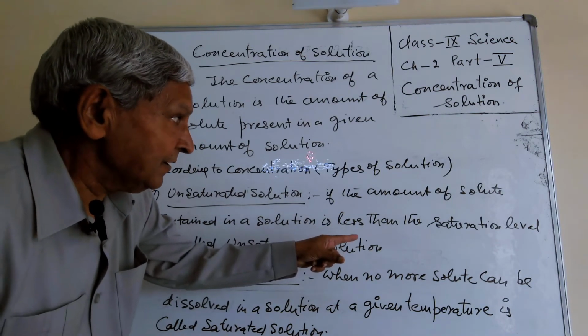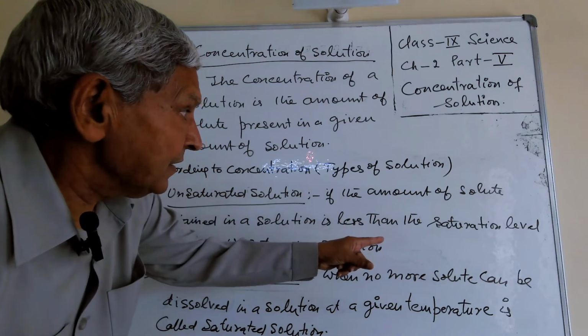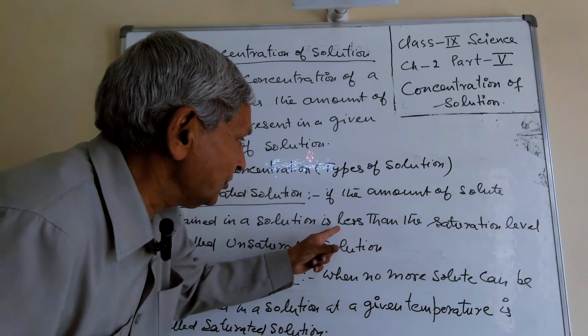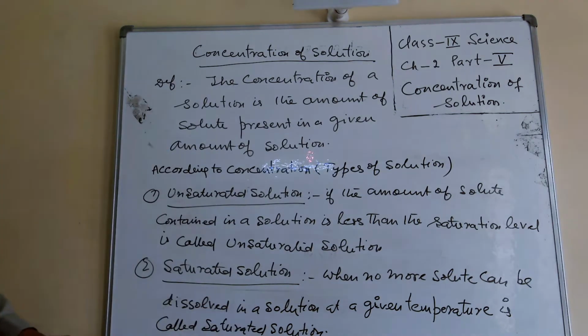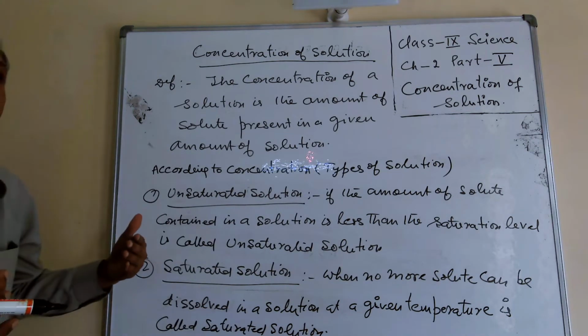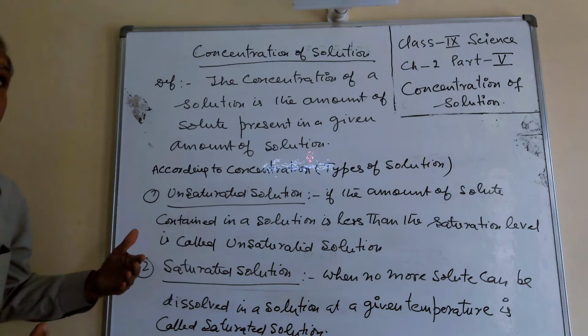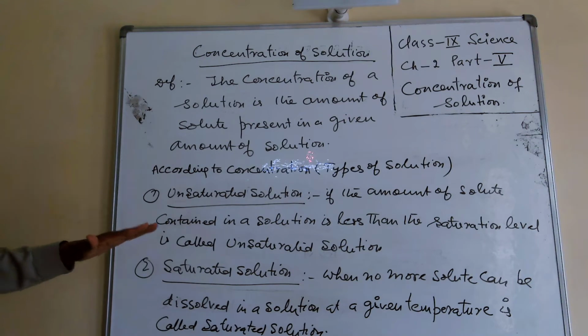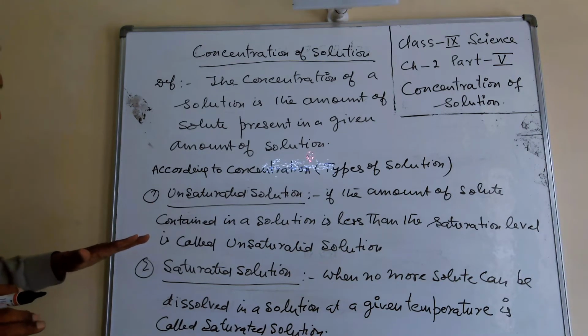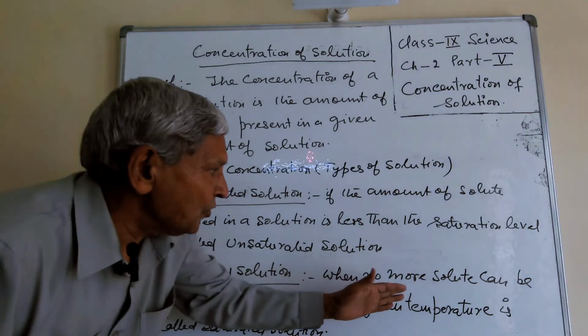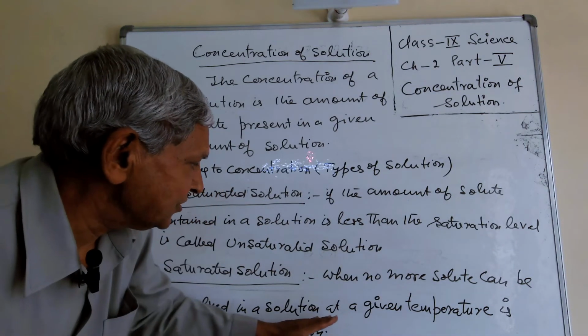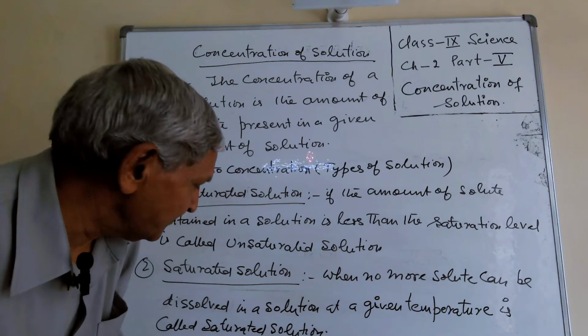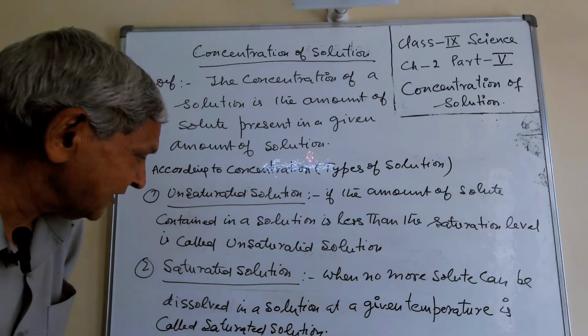Here you see, because the amount of solute is less than the saturation level, solute can be dissolved in more quantity. In a saturated solution, when no more solute can be dissolved in a solution at a given temperature, it is called a saturated solution.